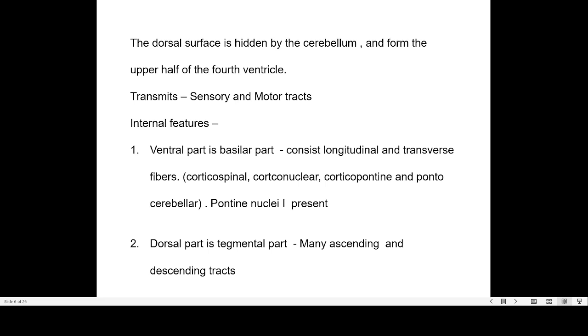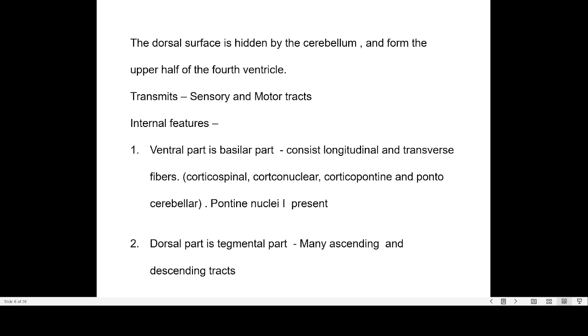Next, the dorsal part is known as the tegmental part, consisting of many groups of nerve fibers called tracts. These tracts are ascending and descending. Ascending tracts go upwards from the lower part of the brain structure and from the spinal cord.